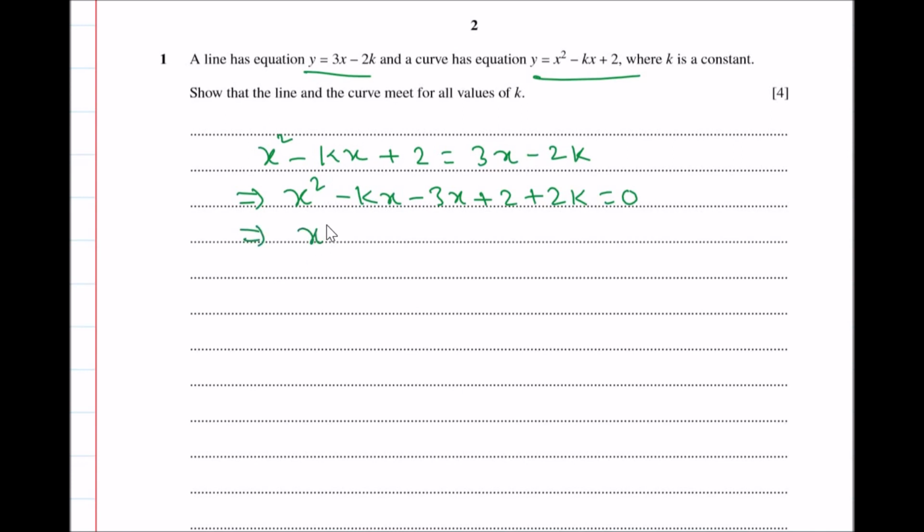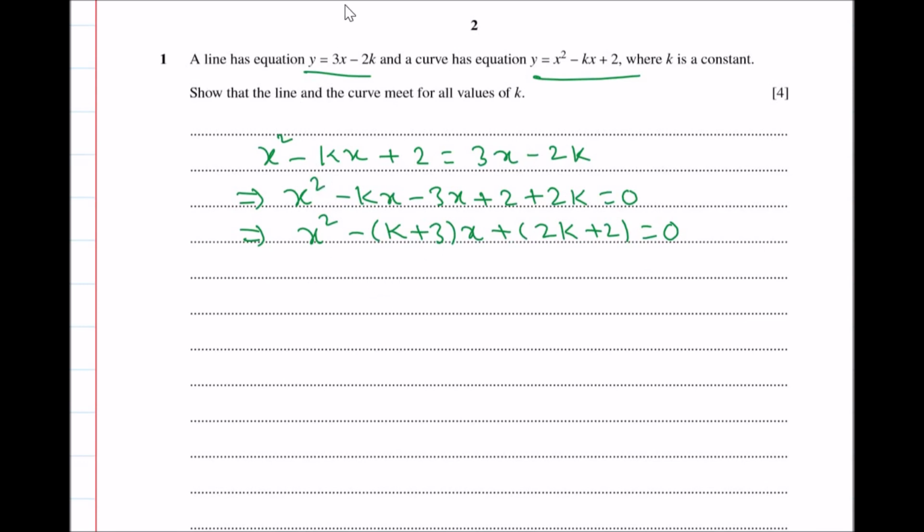We can arrange them. So x square minus, x is common factor, so we can write (k plus 3)x, and here constant term we can write 2k plus 2 equal to 0. Now this is in ax square plus bx plus c equal to 0 form.